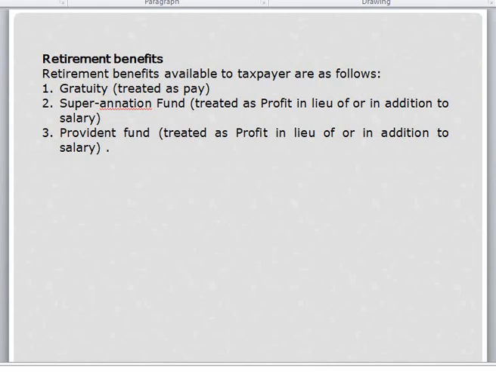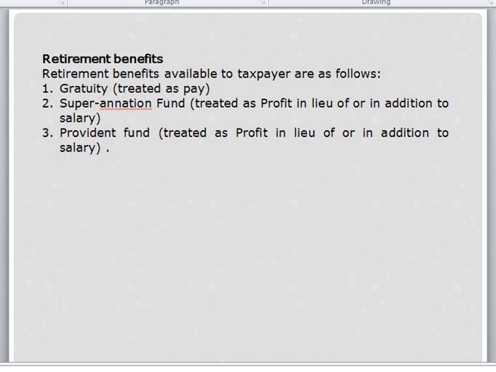Gratuity conditional exemptions. Here are some gratuity conditional exemptions. Number 1 is in the case of any employee of the government, local government or a corporation established by or under any law for the time being in force, the amount receivable in accordance with the rules and conditions of the employee's service.